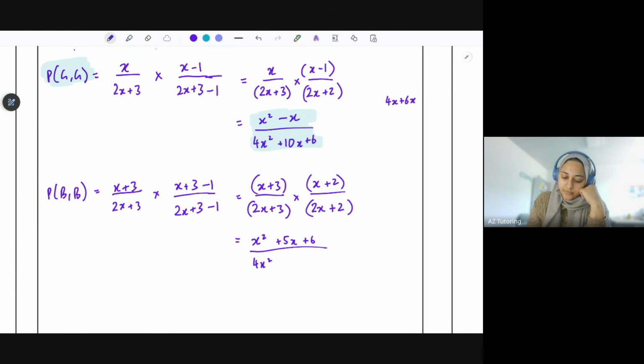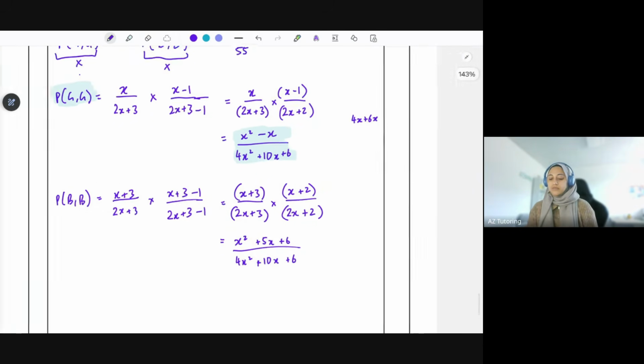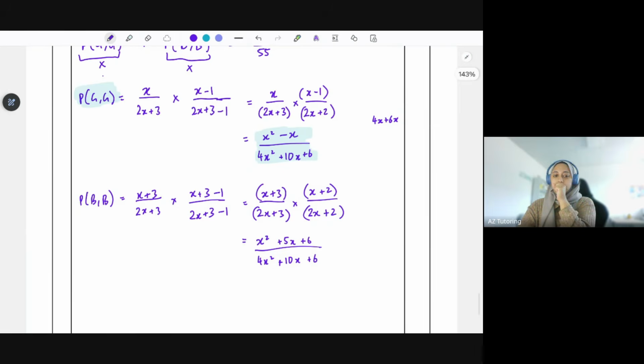Well, actually, this denominator, 2x plus 3 times 2x plus 2, is exactly the same as this top one here. So I don't need to do that work. I can just copy what's on the bottom. So 4x squared plus 10x plus 6. Okay, so we've now got the probability of it being blue, blue.